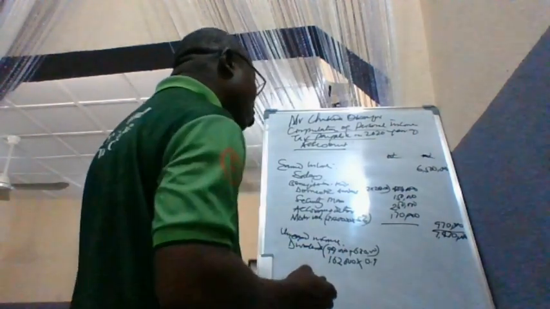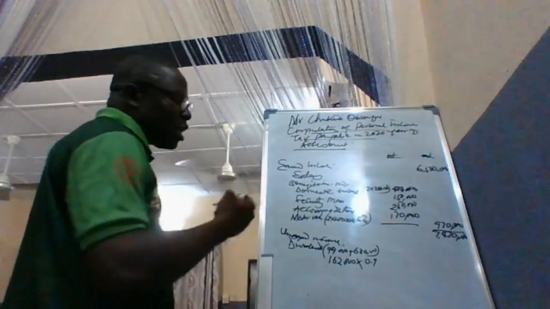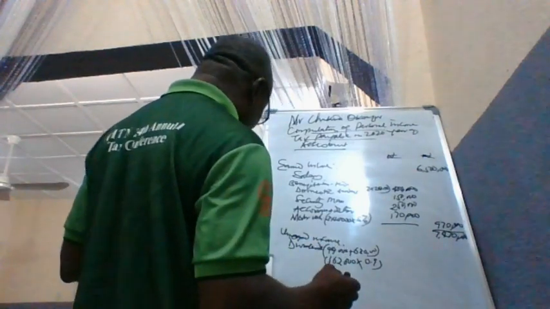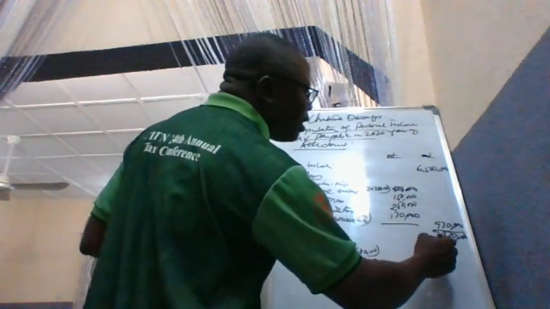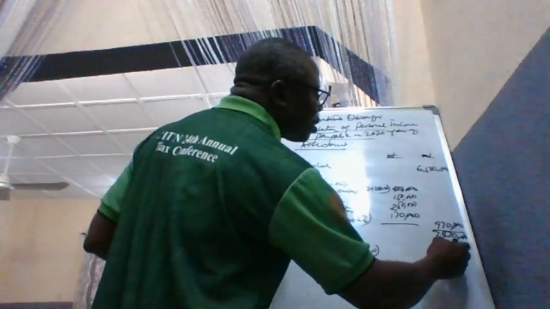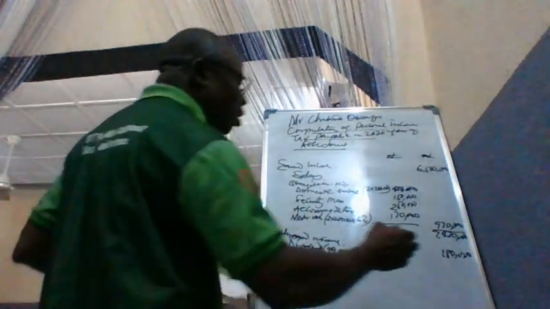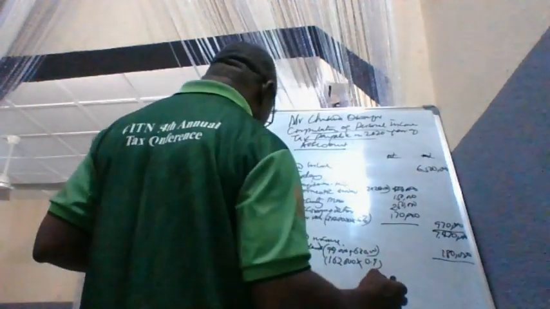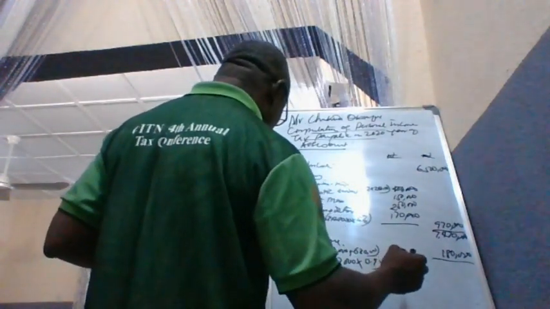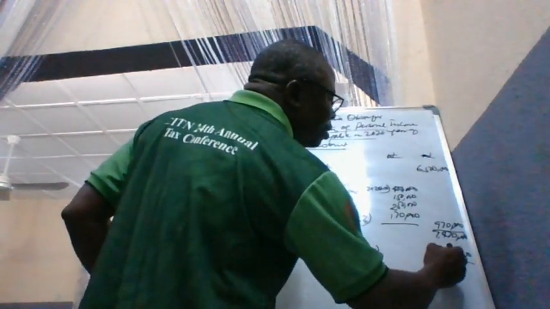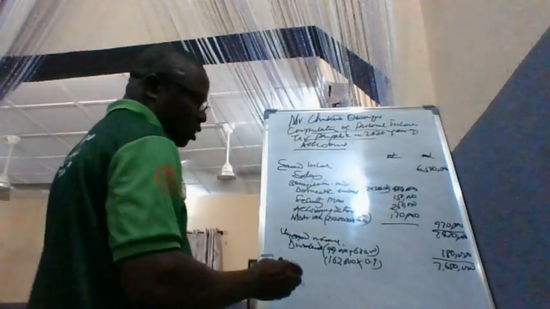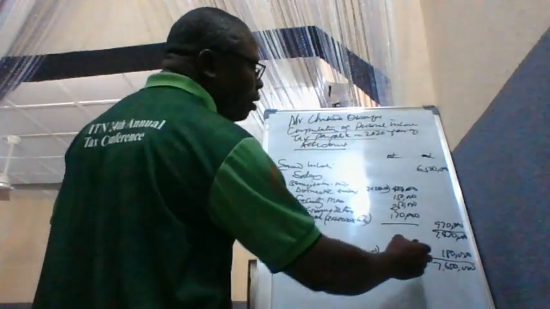The reason why we multiply by 0.9 is that withholding tax has been taken care of directly. If you multiply this, you will have the sum of 180,000. Now you can add this together, and that will give us 765,000. And then this is total.